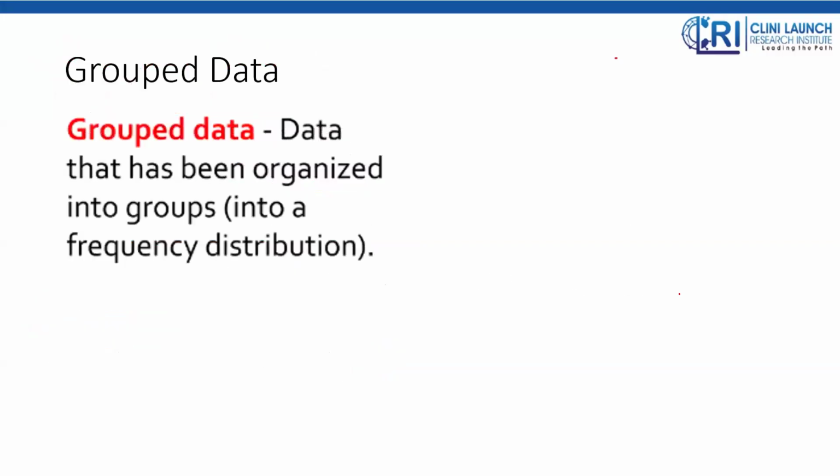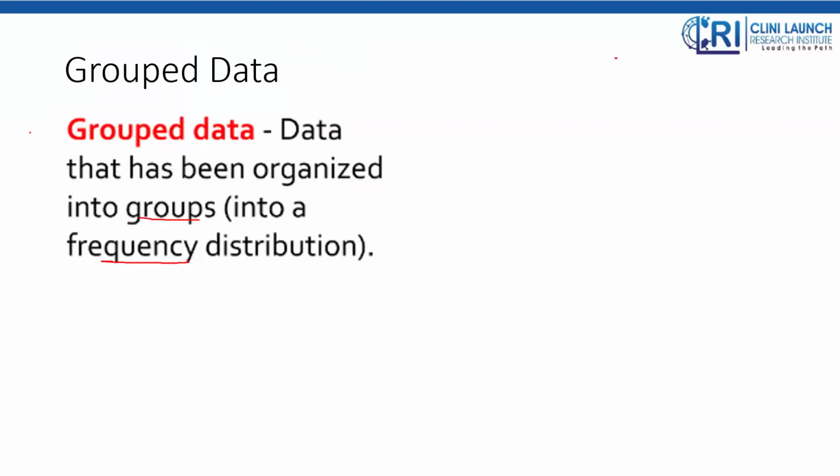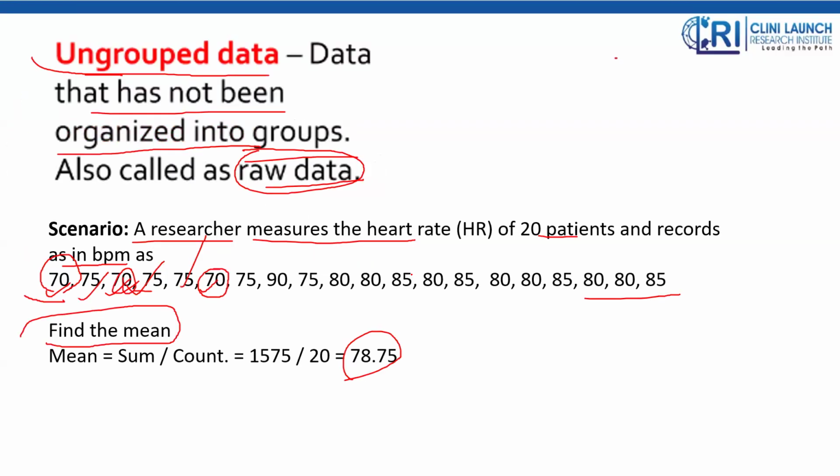So that is called grouping. If the data has been organized into groups, this is called a frequency distribution. Frequency: how frequently is 70 repeated? How frequently is 75 repeated? You're counting the number, that is called frequency. Such a type of data is called frequency distribution. So you see here the mean is 78.5, right?